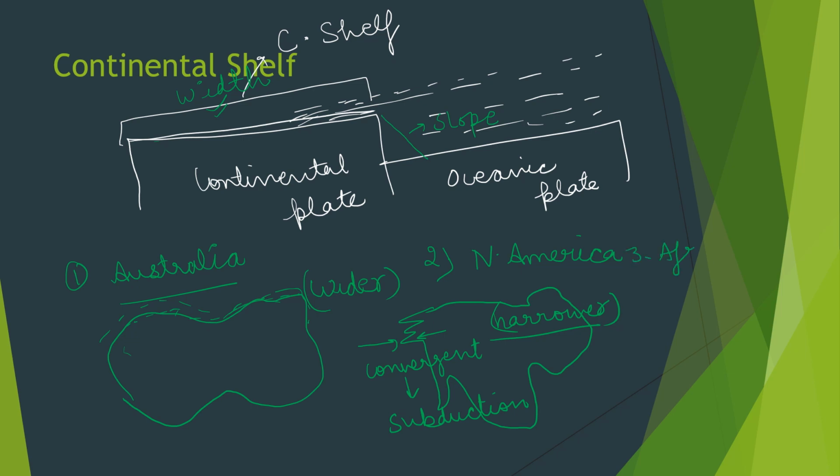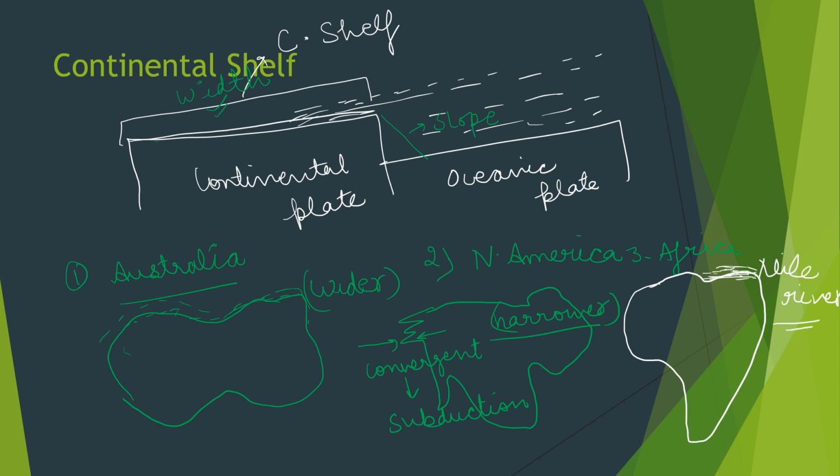Next example we can take is of Africa. In the case of Africa, what we can see is that Africa is a continent where the Nile River is present and a huge amount of sediments is being deposited there. Here the delta is present due to the deposition by the Nile River.